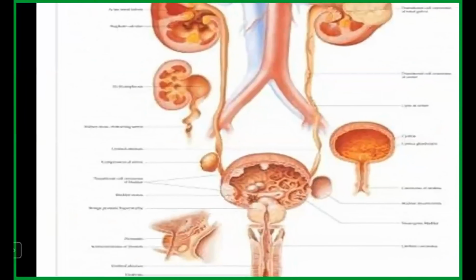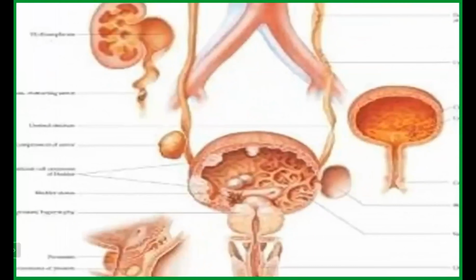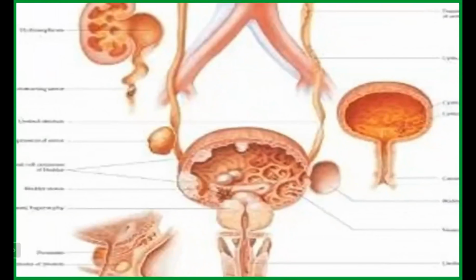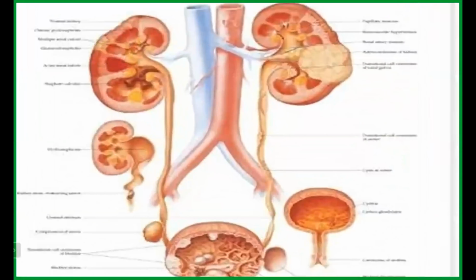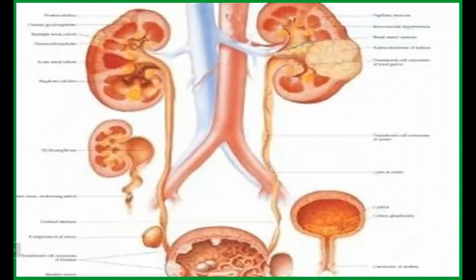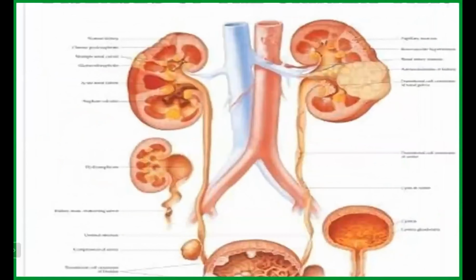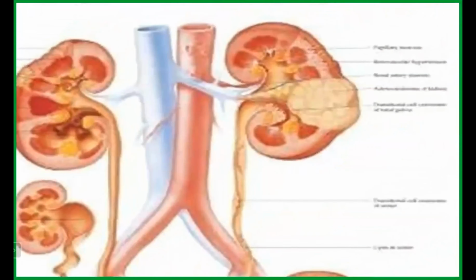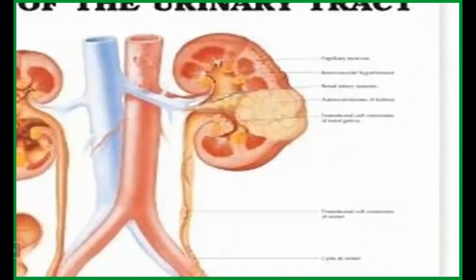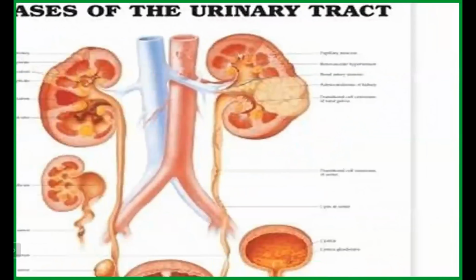Diverticulum of the bladder, as we see here, one on the right and the other on the left. We have ureter malformation, and in the kidney we have calculus or stone, dilatation, and at the same time we see some cysts.